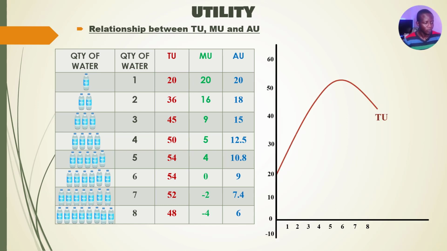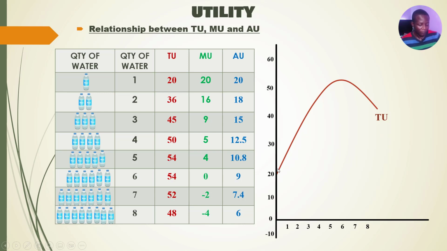So the total utility from consuming the first bottle of water was 20. That's why the curve is starting from 20. And from the values, we realize that the values were increasing. That's from 20, 36, 45 upward until the fifth bottle, that gave us the 54. And upon the sixth consumption, the total utility was constant.